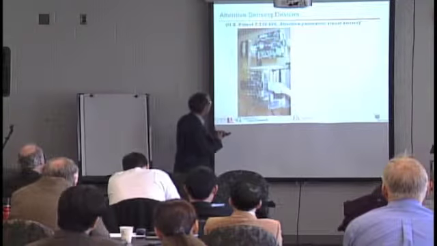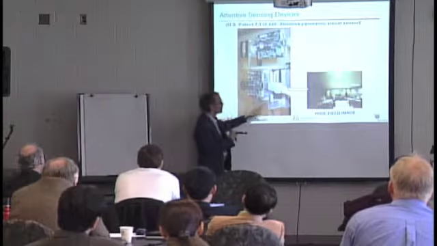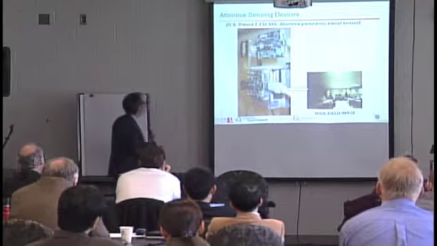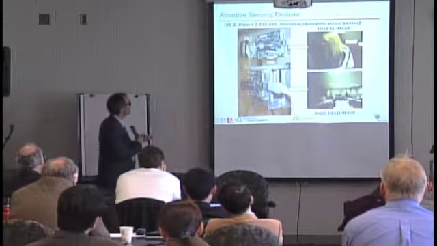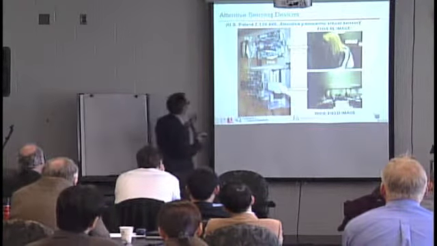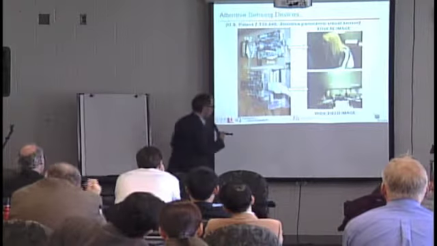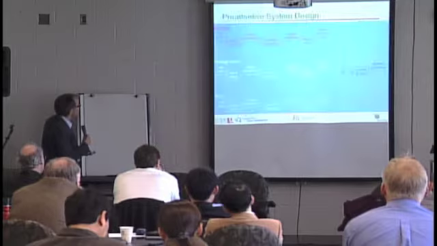It has what we call the pre-attentive sensor, which provides a large field of view of an environment. And then it has what we call the attentive sensor, which provides more detailed information of a very restricted field of view. The key thing is that the attentive sensor is on a pan-tilt platform, which moves around.